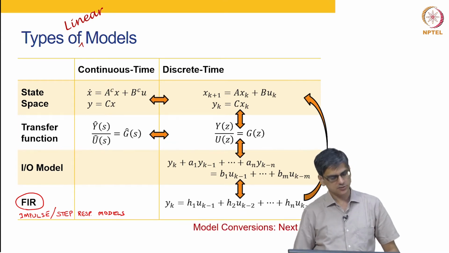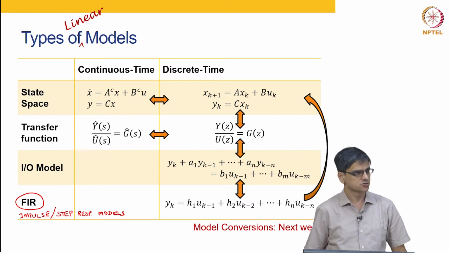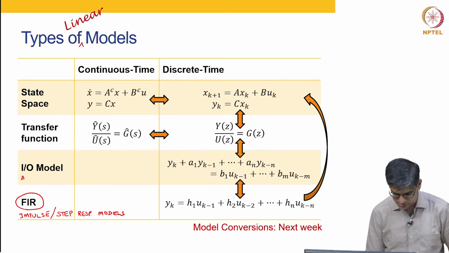Next week we are going to spend an entire lecture and a half to talk about model conversion. If you have a state space model, how do you go from state space to a transfer function, transfer function to a state space? From an input output model, ARX and ARMAX are examples.